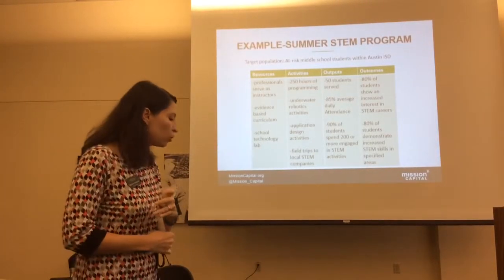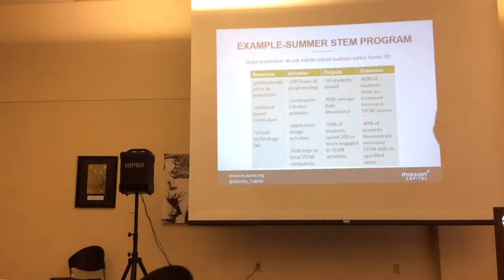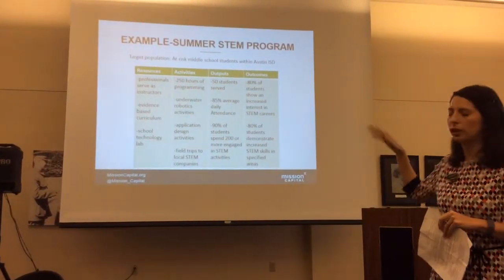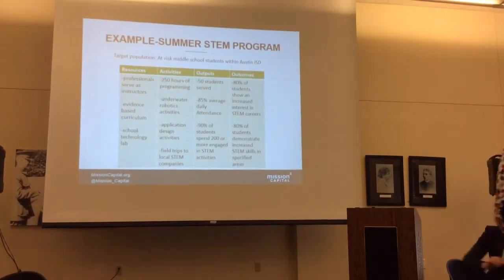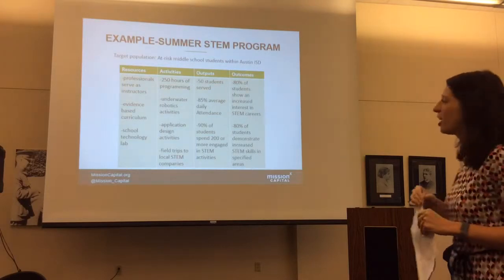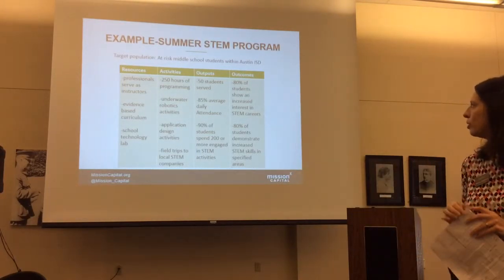Next. Okay, so just a quick example, and this is obviously a very simplified logic model, but as you work on the rest of the outputs and outcomes section, I think it can be helpful to see that we've got our resources there, getting specific about who is serving as your instructors, what curriculum you're using, the specific activities, and that they've clarified it's 250 hours of programming, so some dosage information there.